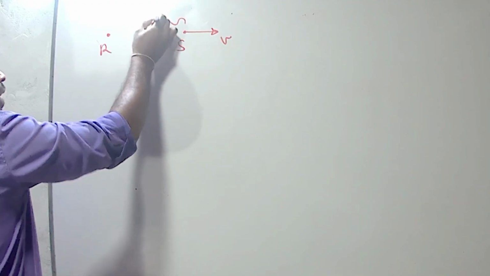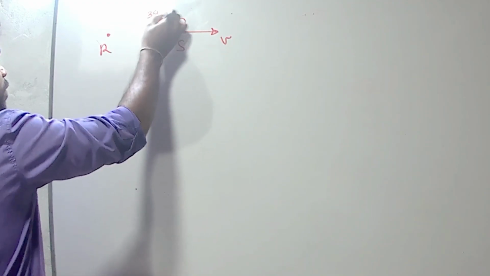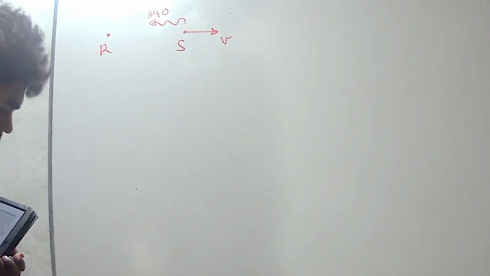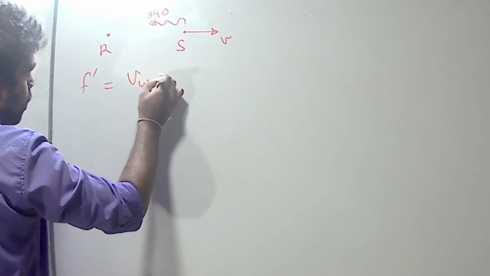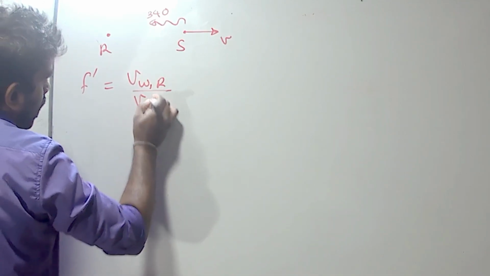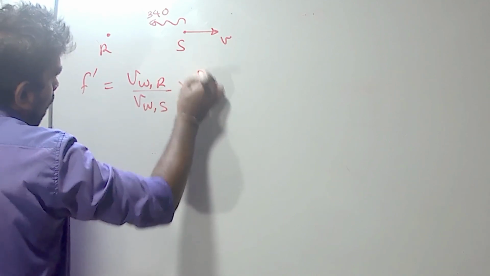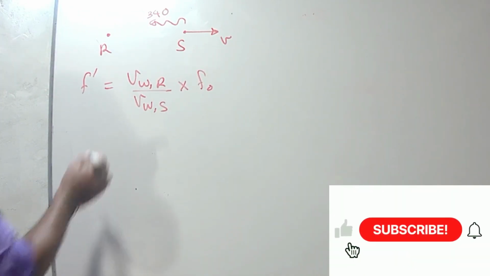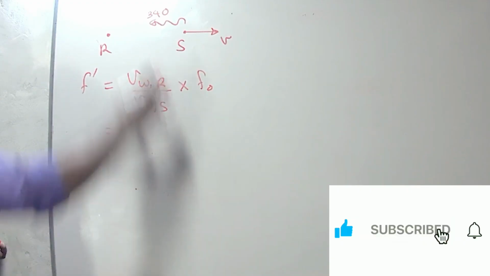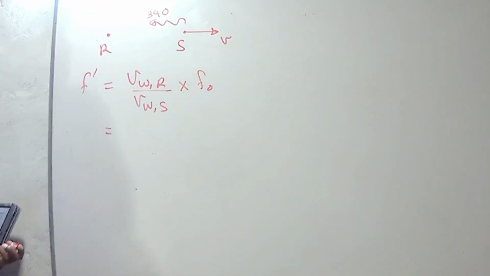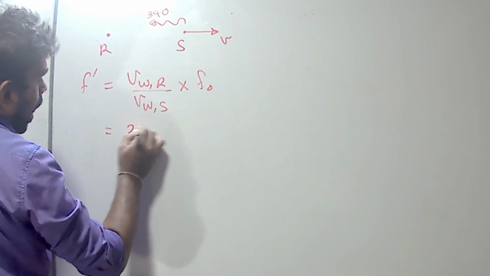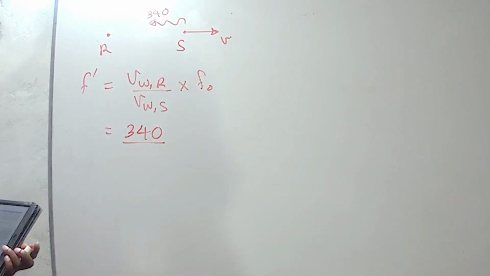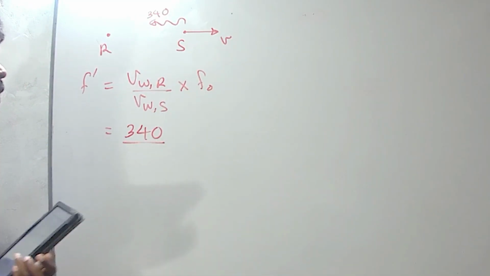Now the wave is like this. Velocity of wave 340. Then we can get apparent frequency equals velocity of wave relative to receiver divided by velocity of wave relative to source multiplied by the real frequency. When getting the velocity of wave relative to the receiver, the receiver is at rest, therefore we can detect the real velocity 340, divided by the velocity of wave relative to the source. The source is moving with velocity v.